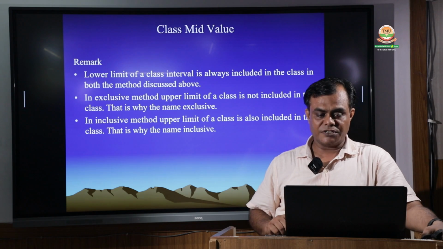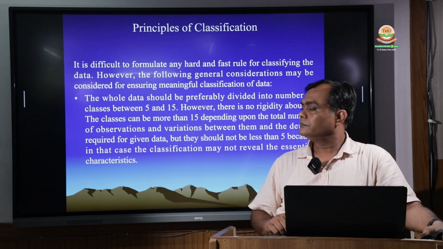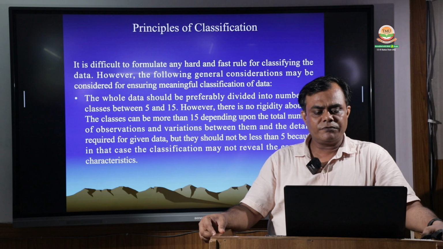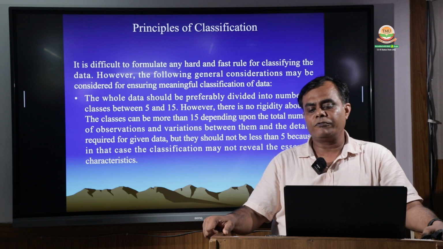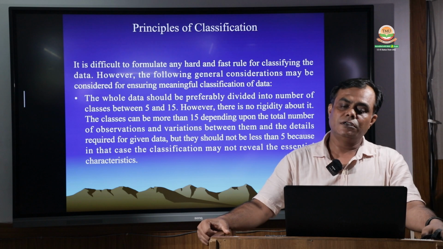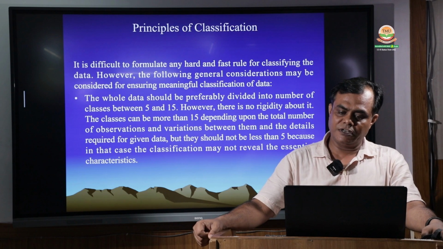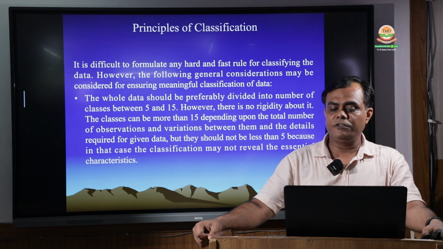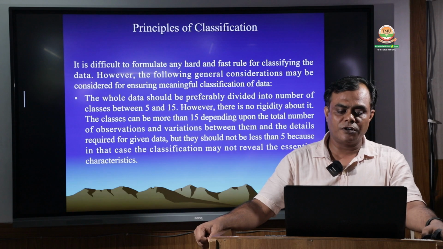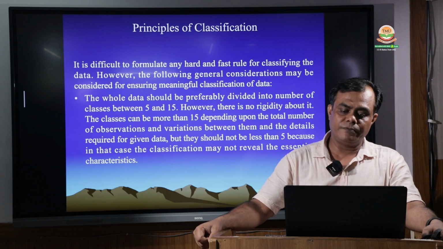Principle of classification. It is difficult to formulate any hard and fast rule for classification of the data. However, the following general principles may be considered to ensure meaningful classification of data. The whole data should be properly divided into a number of classes between 5 and 15.